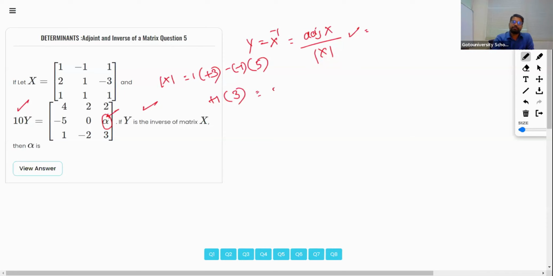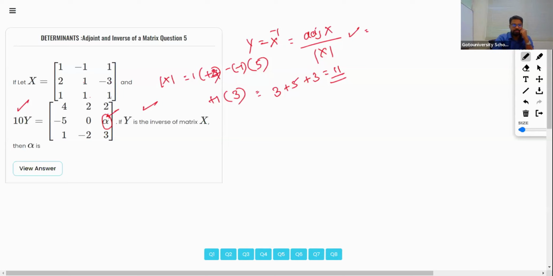So what we get is plus 3 plus 5. If everything is right, another plus 3, which has to be 11. I'm rechecking it again. 1 into 1 plus 3. Okay, this has to be 4, right?